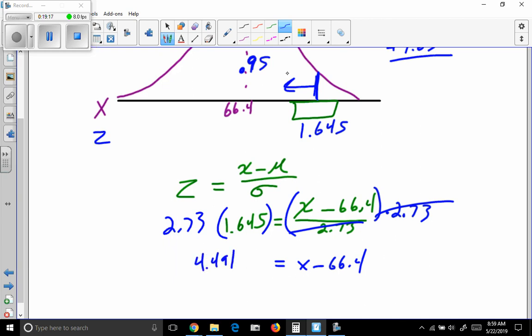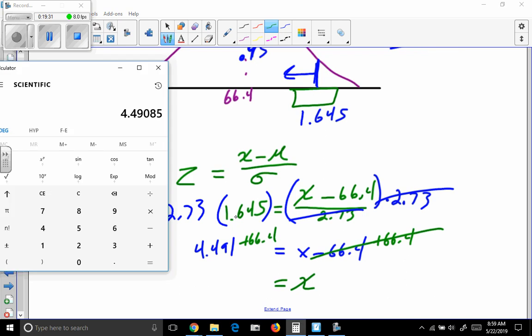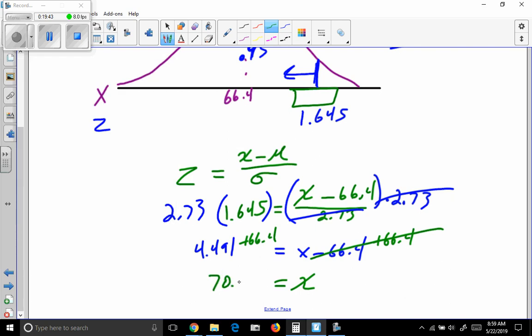So we're solving for x, so add 66.4 to both sides. Those cancel. So the value we're looking for is 66.4 plus 4.491, so about 70.891.